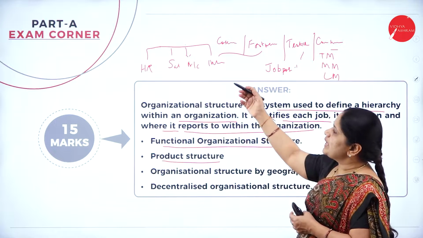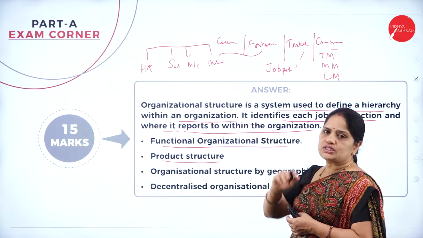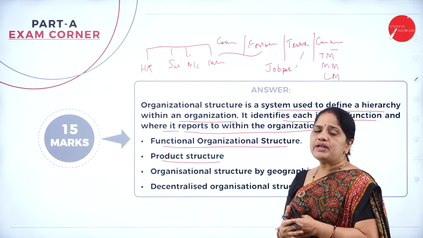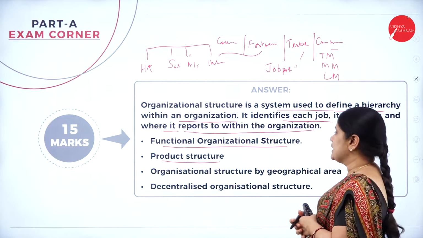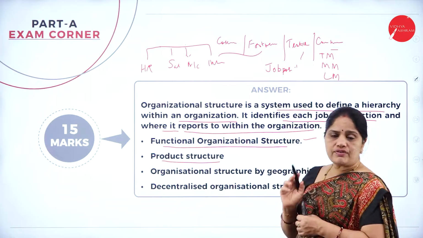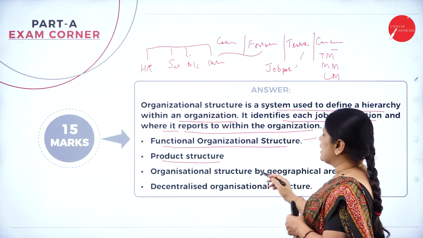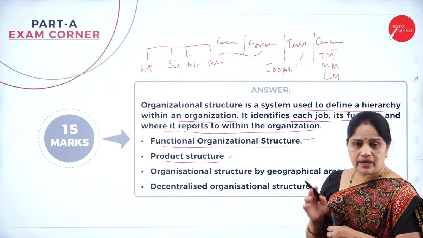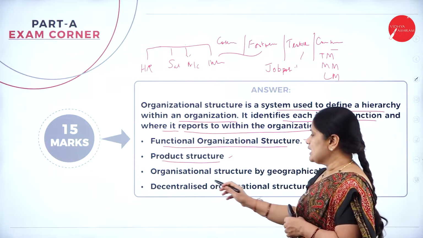So when the company is based on the functional structure, we can say that there is less duplication of work and the company can work more efficiently. Then you have to write both the advantages and disadvantages of the functional organization, and the advantages and disadvantages of the product structure of the organization.